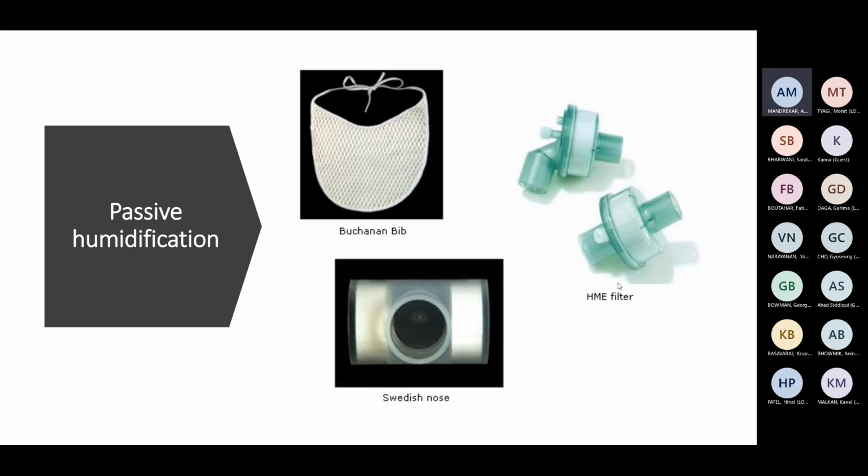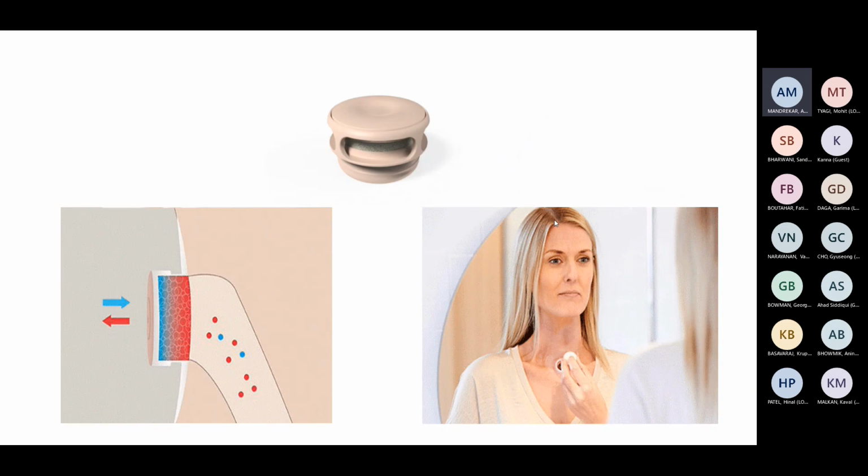And this is the humidifier and moisture exchanger, which contains a foam inside. How this functions is when the patient expires air, it retains the heat and moisture from the patient's own air, and then it is used once the patient takes a breath during inspiration.